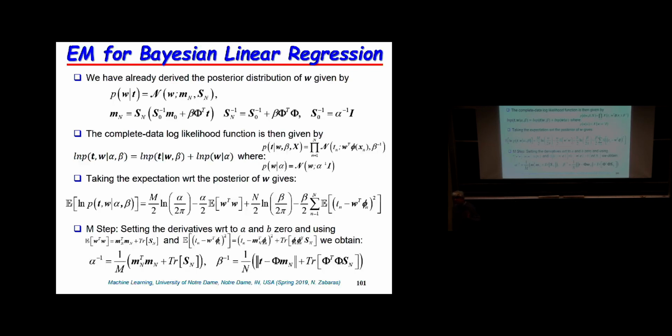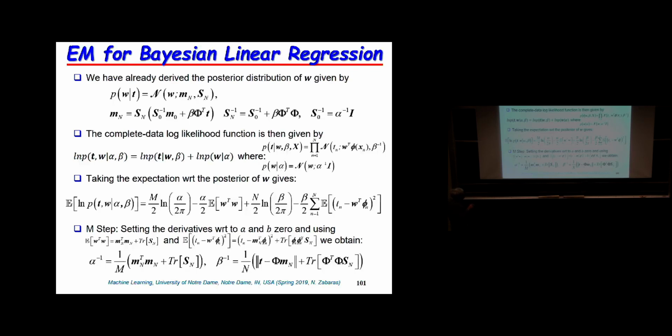W. Before we had z. So now it would be the posterior of w. So everywhere you see w, you need to put expectation. That's the posterior expectation. And remember, the posterior of w is given analytically by this nice formula.